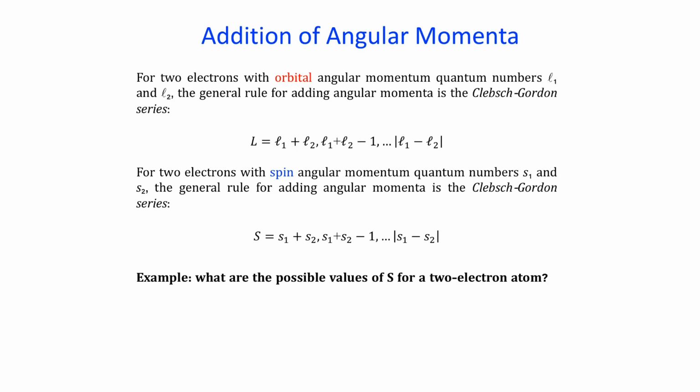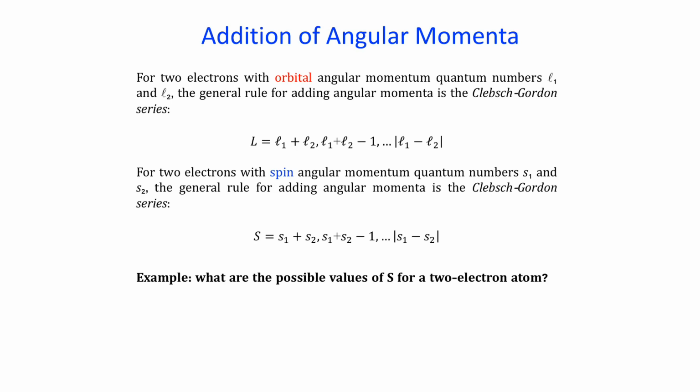If we're just looking at 2 electrons with orbital angular momentum quantum numbers labeled L1 and L2, the general rule for adding those angular momenta is something called a Clebsch-Gordan series, where we can determine our total orbital angular momentum by adding up our individual angular momenta and following that pattern of taking the sum minus 1, and then following that series until we truncate at the absolute value of the difference between the 2 quantum numbers.